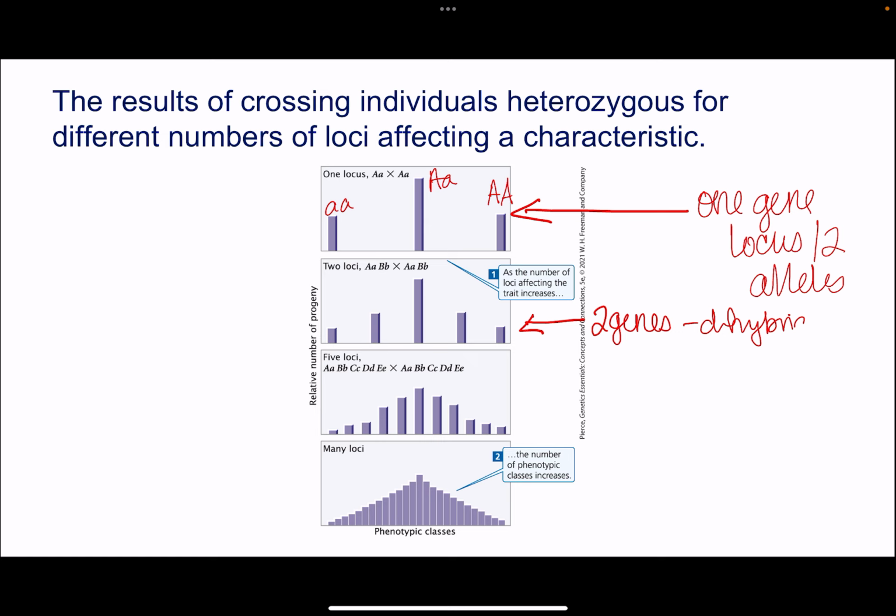So in the center graph here, we have a small range, a small variance, same mean, but the individual phenotypes are all clustered around the middle. As we move out to the second chart, we have a wider variance. It covers a broader range of phenotypes. And then as we move even farther out, we get a broader range even still. So all this is saying is that we have the same mean, but we have individuals that are spread out over farther and farther characteristics. So we get more extremes.